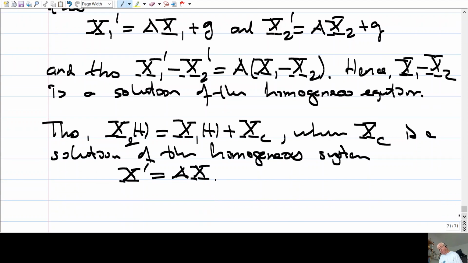Okay. And actually, any solution of the equation has this form, because we have no condition on x1 and x2.